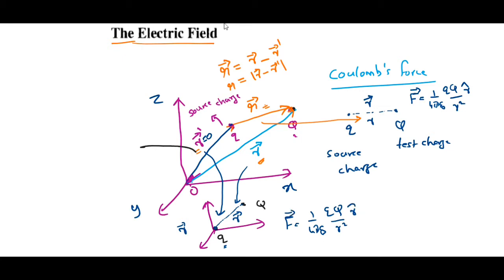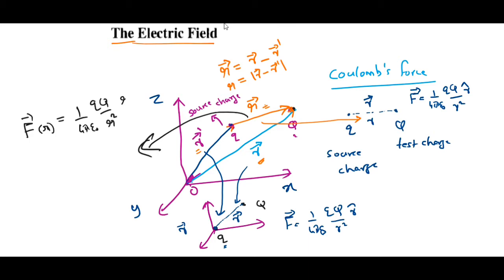But in this case, the force between the two charges can be written as F, expression vector R, is equal to 1 by 4 pi epsilon 0 q divided by R square, then this is the separation vector R cap. Okay. This is the exact form of the Coulomb force.